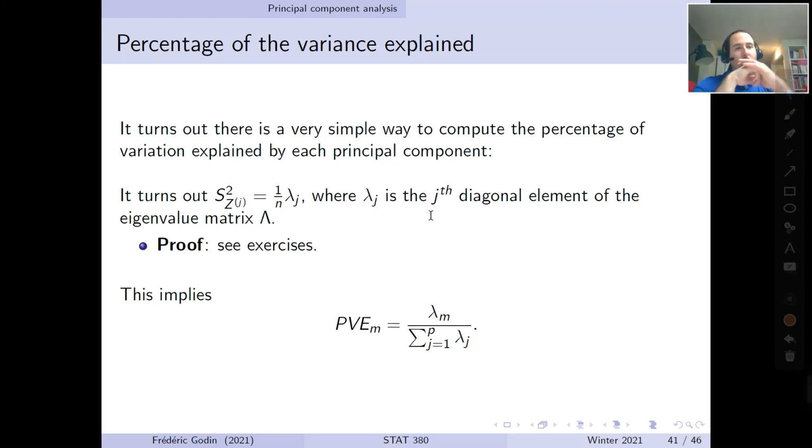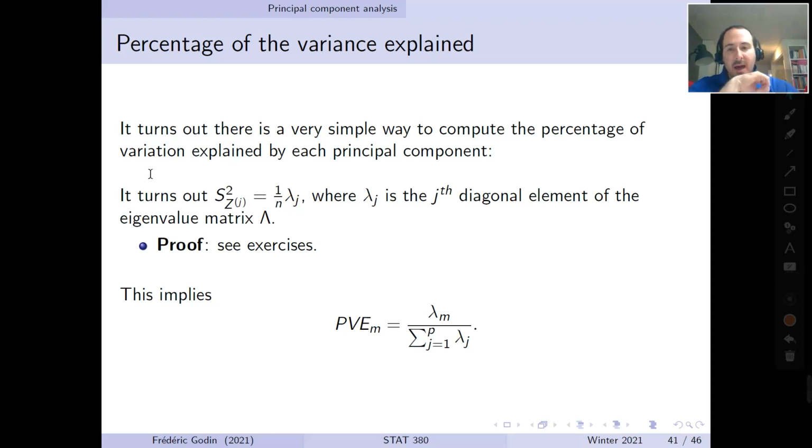Okay, so one thing which will be useful is how to compute the percentage of variance. I've written variation here, but it should be variance. The percentage of variance explained by each principal component.